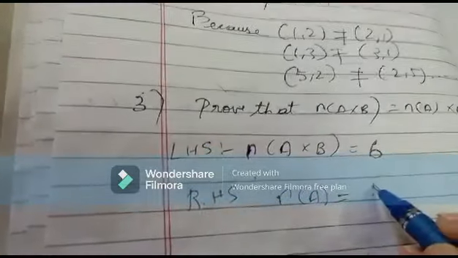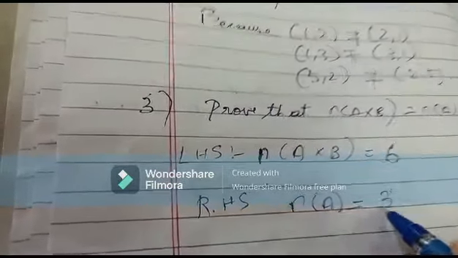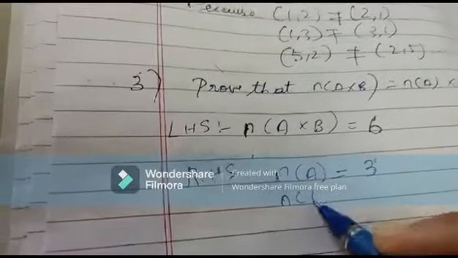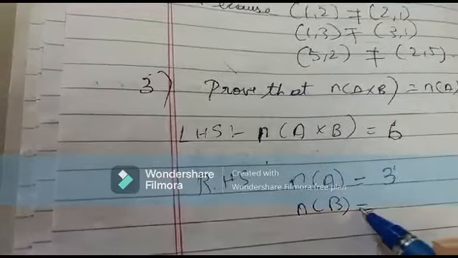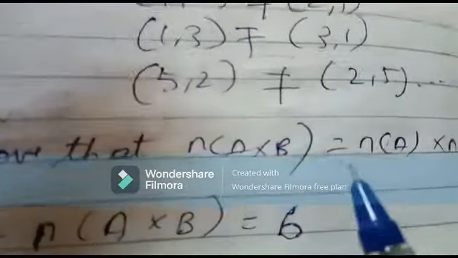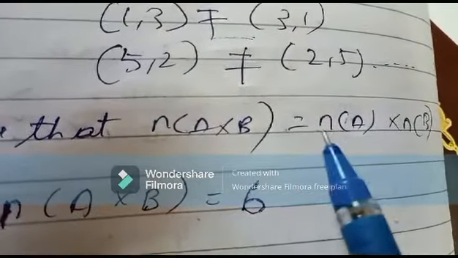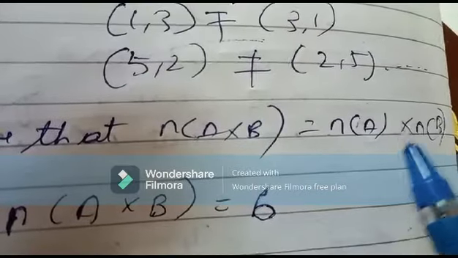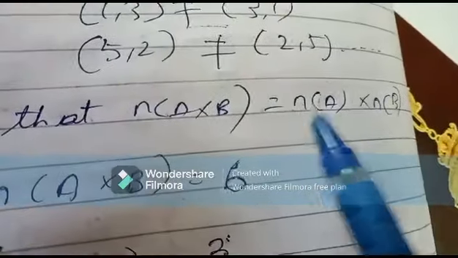Okay, now we found out n of A is 3 and n of B is equal to 2. So here it's n of A cross n of B. We have to take the cross product, we have to multiply it. n of A into n of B, that's what they are asking.